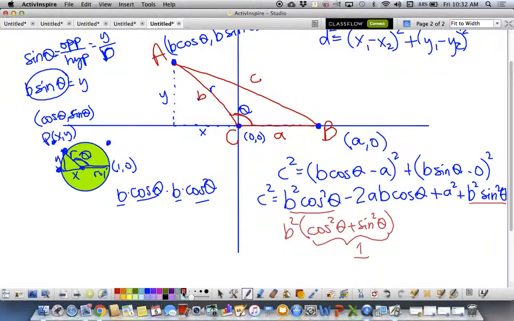Oh my gosh. And then what's left? Positive A squared and a negative 2AB cosine theta. Yes? So we have C squared equals B squared times 1, which is just B squared, plus A squared minus 2AB cosine theta.